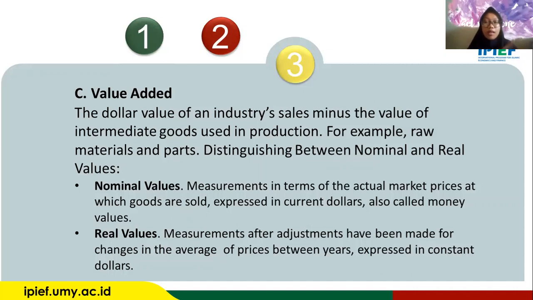Distinguishing between nominal and real values: nominal values are measurements in terms of the actual market price at which goods are sold, expressed in current dollars, also called money values. While real values are measurements after adjustments have been made for changes in the average of prices between years, expressed in constant dollars.